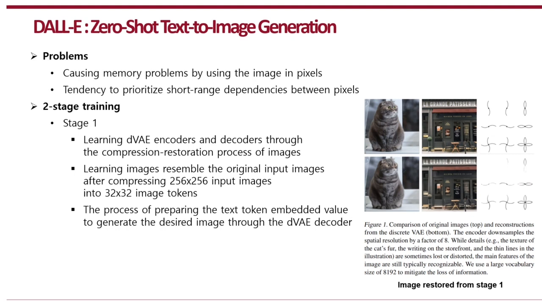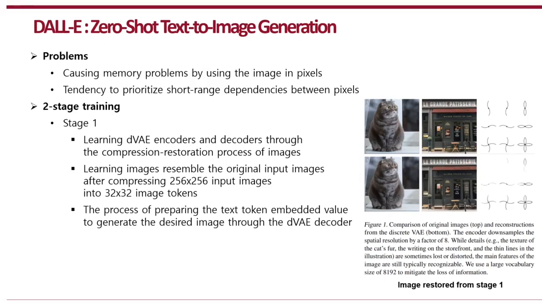This method can make the input token sequence of the transformer small without significant loss of quality. If you look at the example image above, you can see that the details of the input image are lost little by little, but the overall restoration is very good.